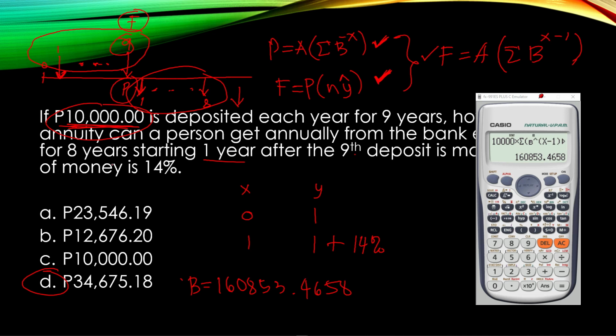So, gradient na yan na topic. So, meron tayong dalawang gradient, arithmetic and geometric gradient. Okay? So, later, in the next video, tuturo ko sa inyo on how to solve for arithmetic and geometric gradient. Okay, using the same concept, no, ng ating calculator techniques.